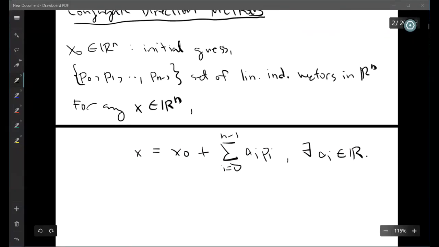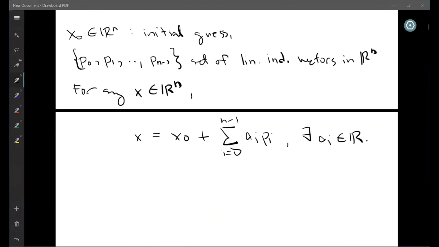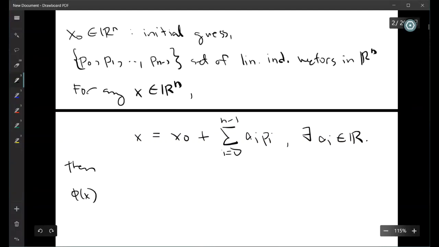So by applying the definition of P of x here, we can write P of x as the following.